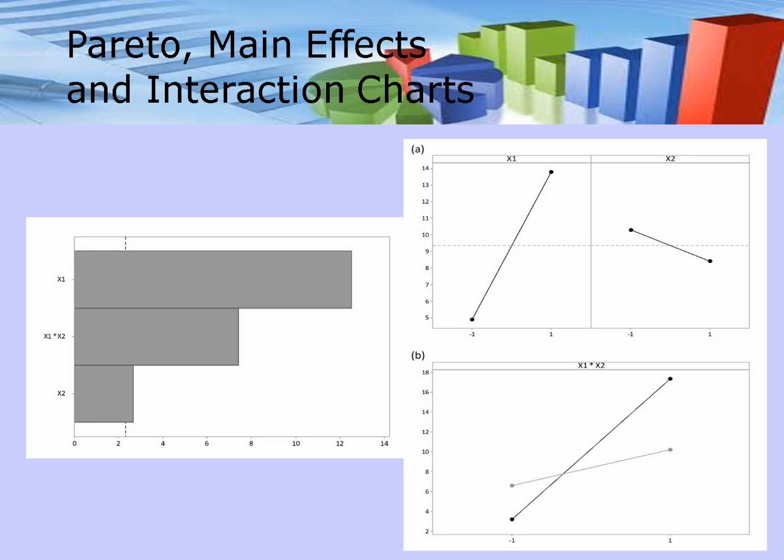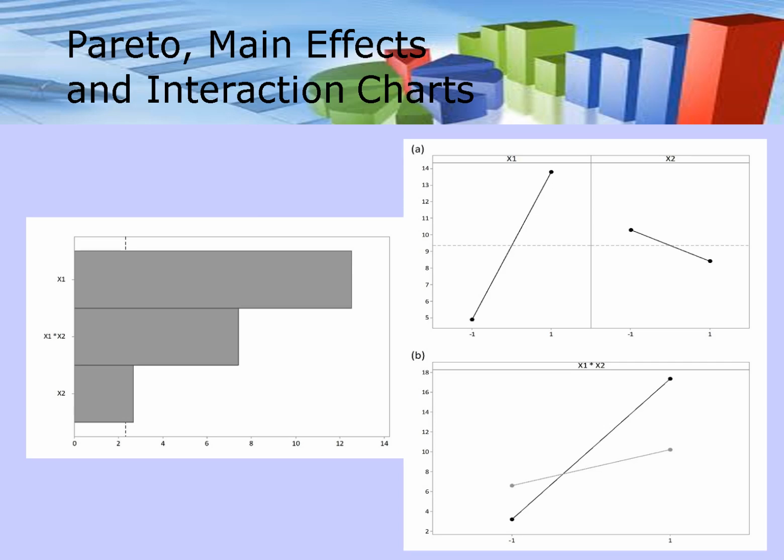For example, we can conclude that factor x1 affects the response more significantly than factor x2. However, the Pareto chart does not show if an increase in factor level will increase or decrease the response.